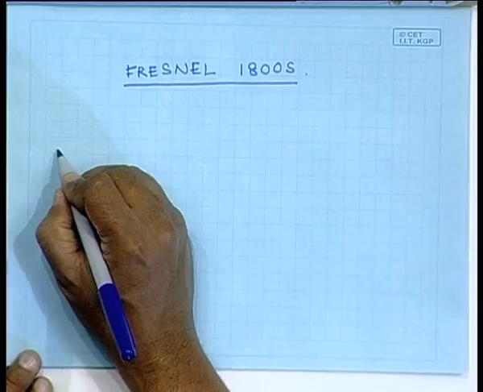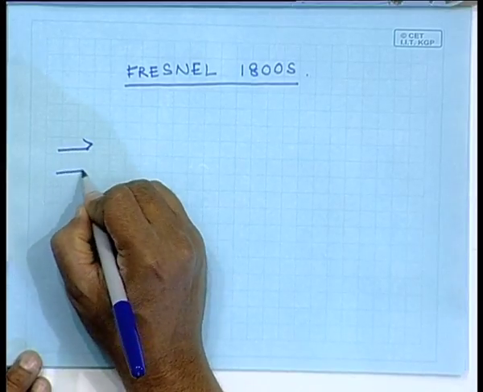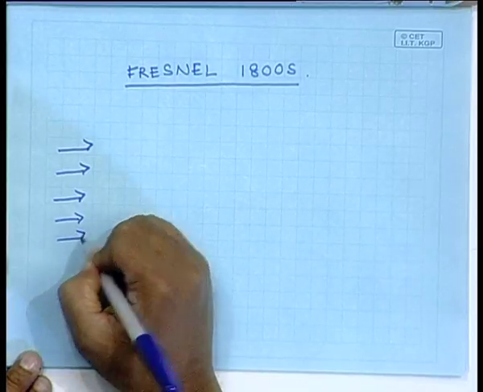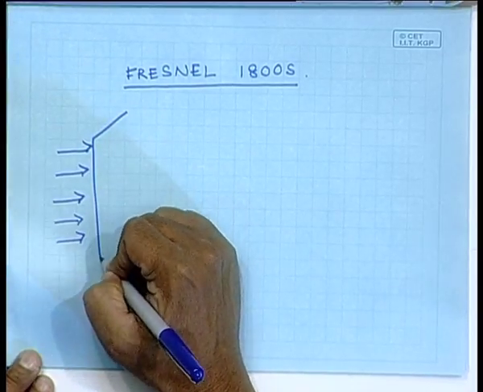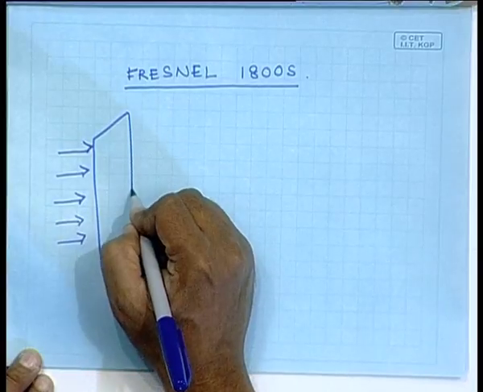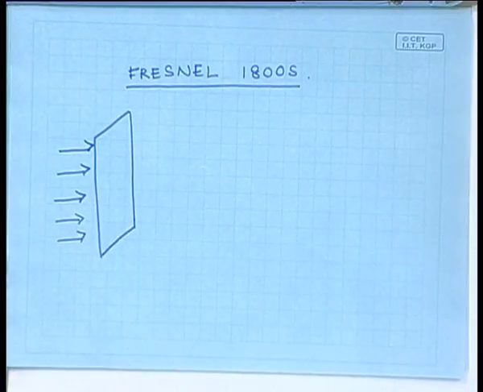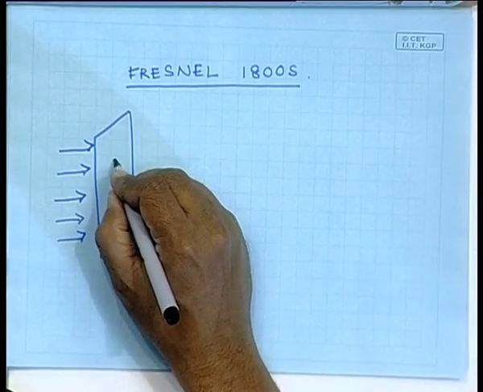So, we will consider a situation where we have a wave incident, let us say, on a screen like this, and the screen is opaque except for an aperture through which the light can pass through.